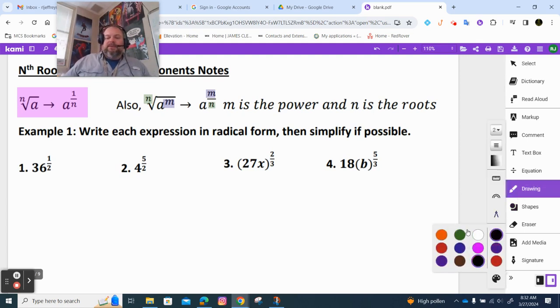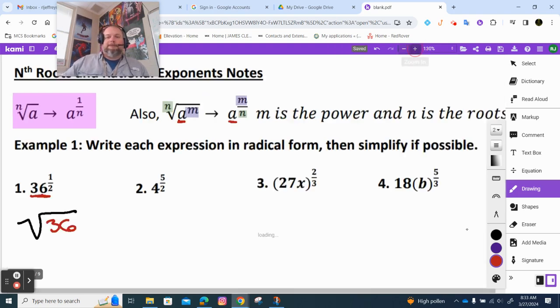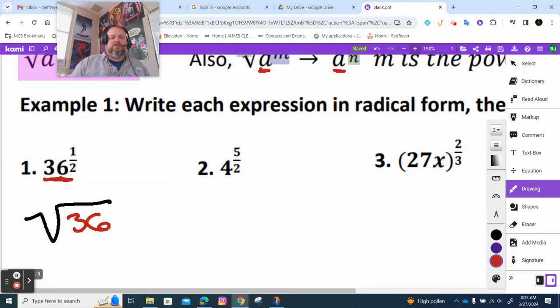So this is what I would do. I would write this. This is where my A was. So I write it right here. 36. Y'all with me so far? Oh, I'm fixing to zoom in.